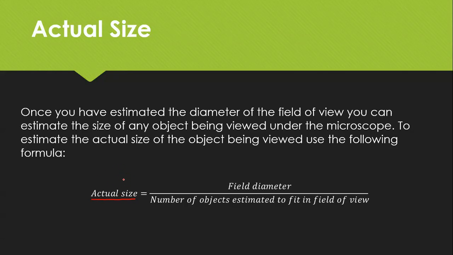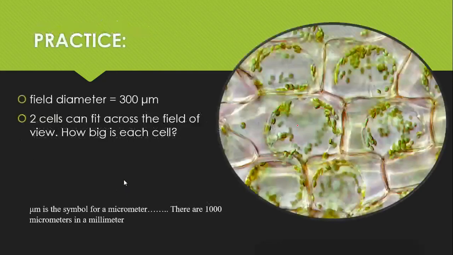The actual size of an object is equal to the field diameter divided by the number of objects estimated to fit in the field of view. So for example, the field diameter under high power in this slide was determined to be 300 micrometers.